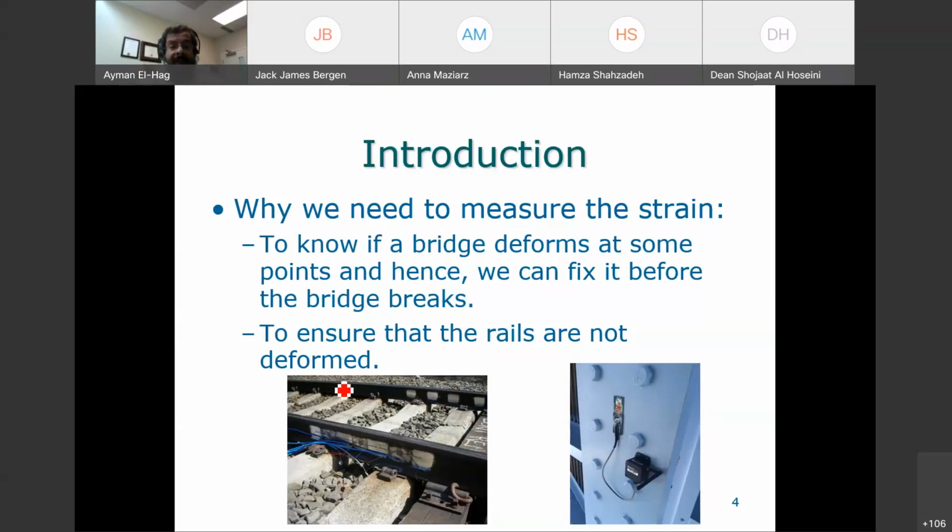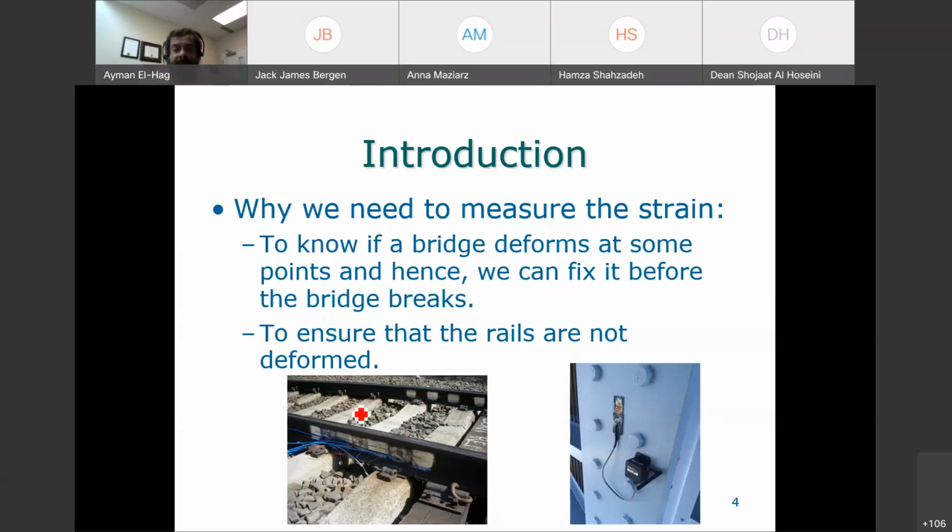Also, for example, the rails have some strain gauges connected here. We want to make sure that they are not deformed, because if they start to deform, then the train may get an accident. We sometimes hear in the news that a train went away from its path or its rail.